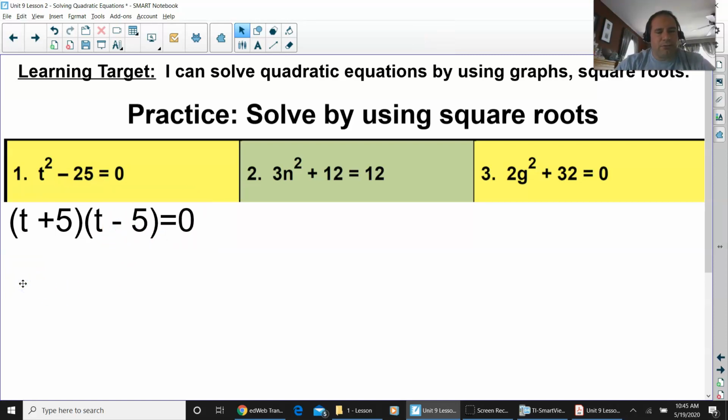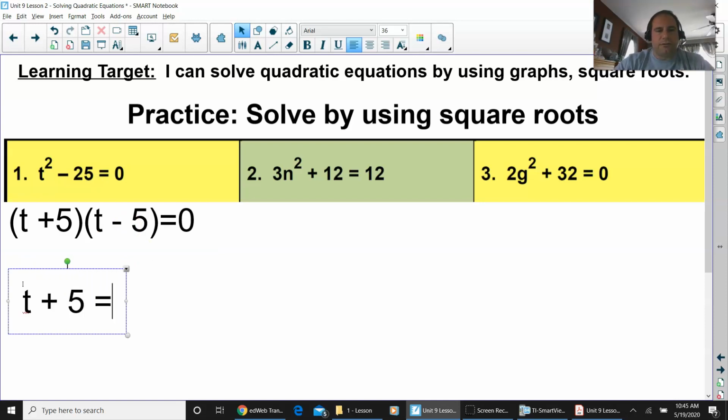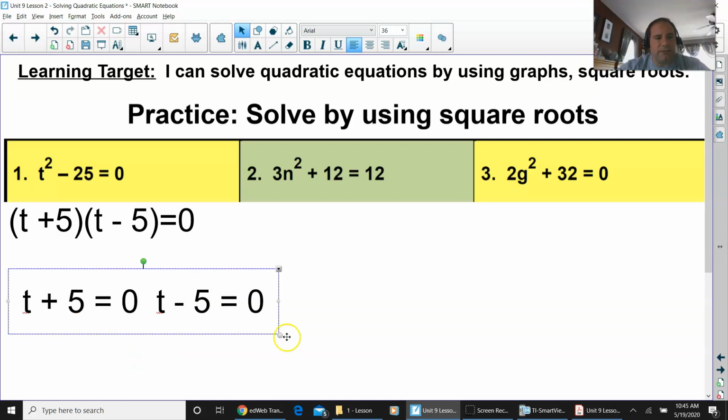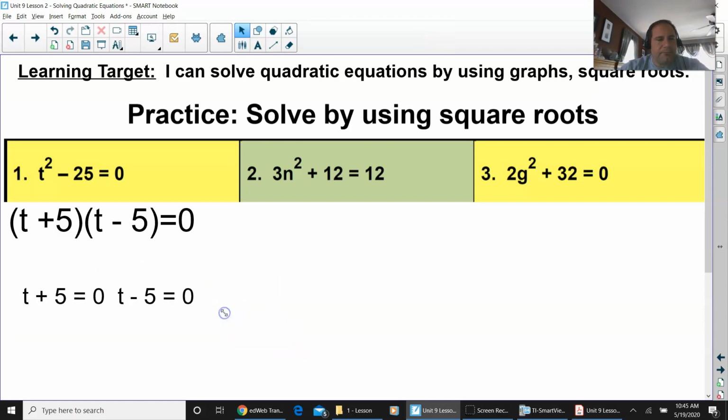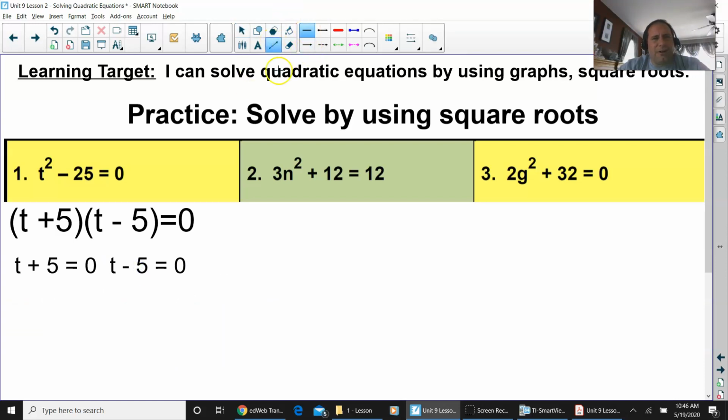Now you could just go ahead and split up those equations. Make them both equal to 0. I used to like to draw a line in the middle. You don't have to, but kind of like that.